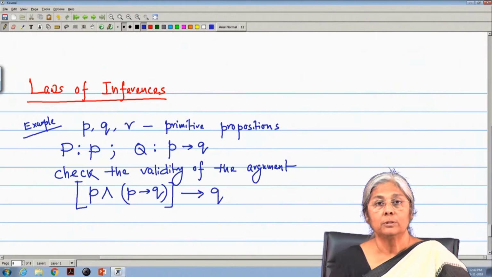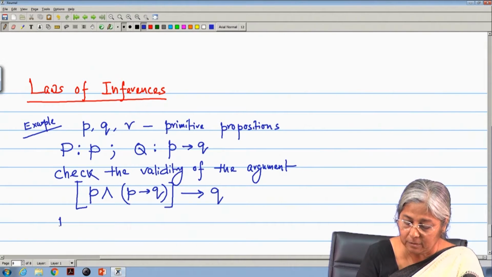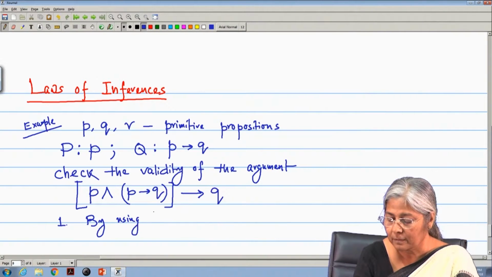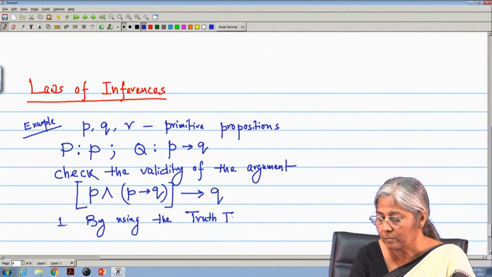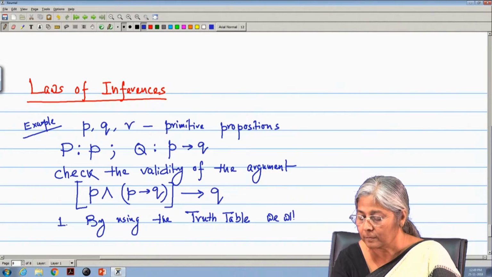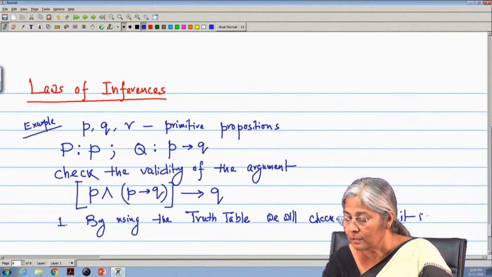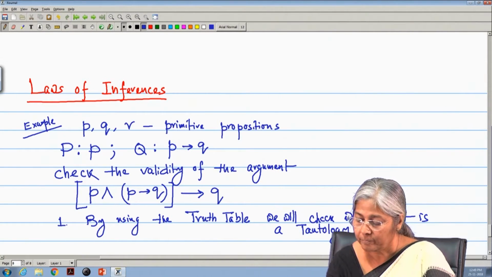So, we can do it in two ways. One method is using the truth table, which will check whether it is a tautology or not.